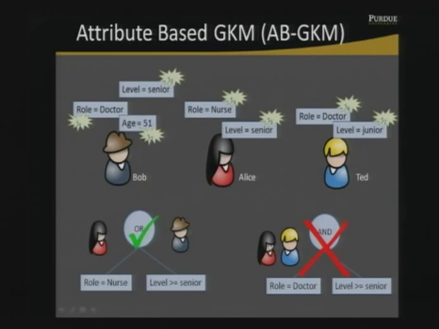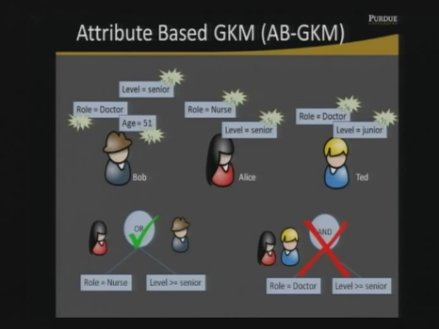But if you look at the attributes of Alice and Ted, they collectively satisfy this policy. Ted is a doctor, and Alice has the attribute senior. So they collectively satisfy this one. But a good group key management scheme provides collision resistance.